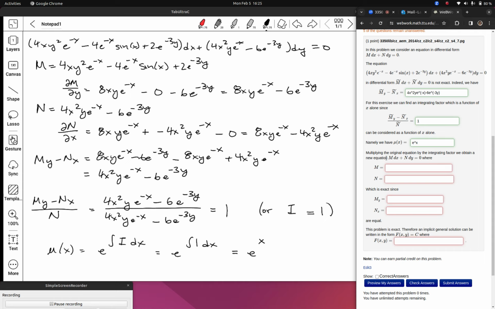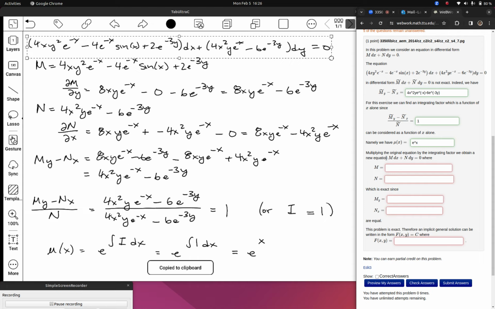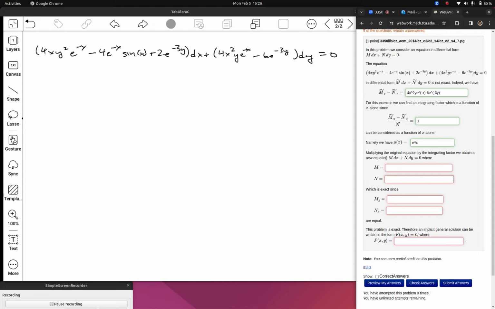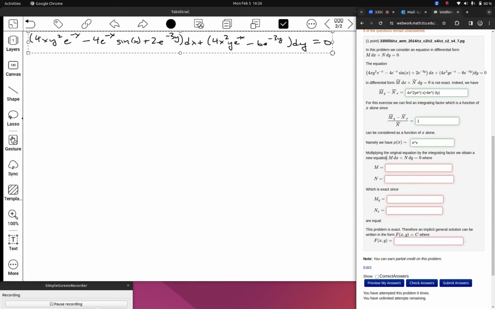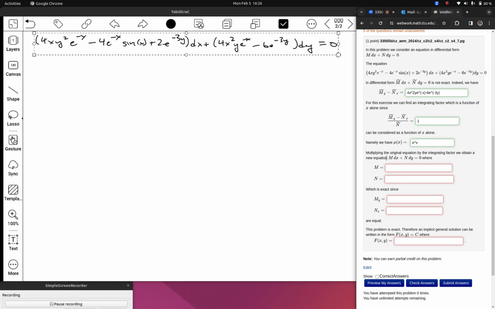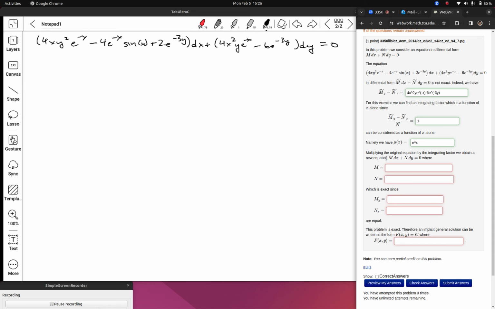I'm going to go ahead and copy paste our equation onto the next slide. Copy. Paste. And what I'm going to do is multiply both sides by e to x.